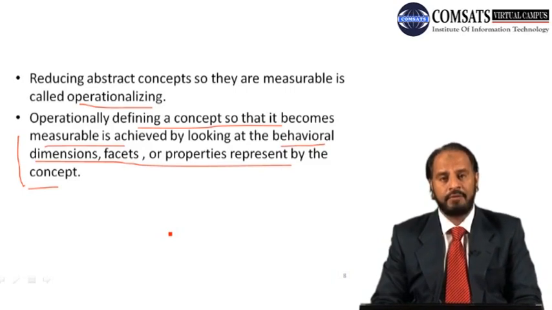We cannot look into the hearts of people, or read their minds. All we can do is see the actions, that behavior, and see if there is an individual who is very loyal. If he is very loyal, what are his behavioral traits? What are his behavioral dimensions? What are his behavioral properties?